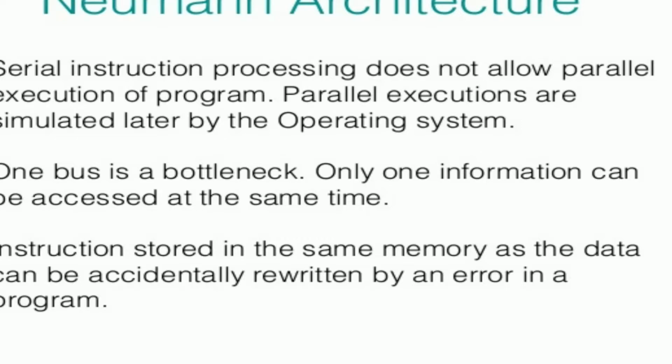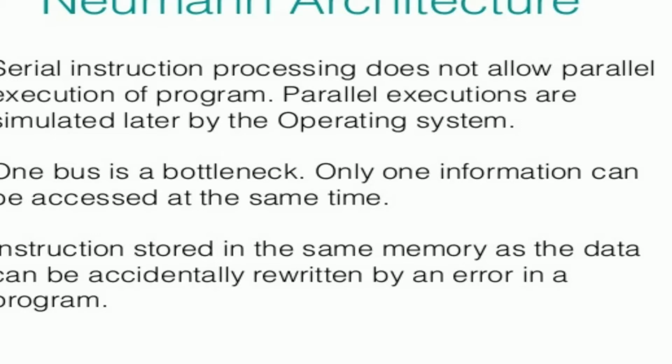One more thing is, one bus is a bottleneck. Only one piece of information can be accessed at a time. So here there is one bus inside the computer, though multiple buses exist, so one bus is a bottleneck. And if you use multiple buses at the same time, there is a problem. That is the disadvantage.